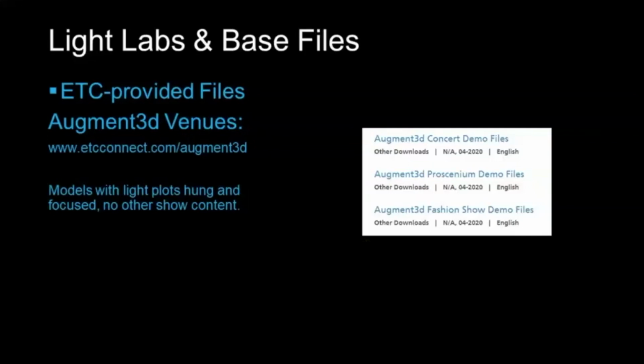Rob has been using a lot of these in videos previously. So these are great resources to just download and play with. You don't have to do the work of building up a venue and a rig, but they can start cueing and doing stuff immediately. You can also start to dissect these, and I think I say this later on.